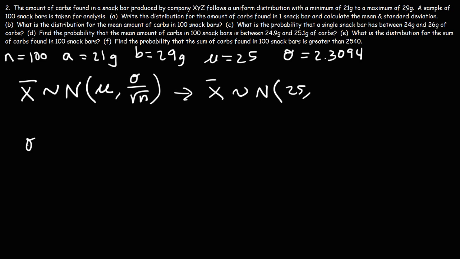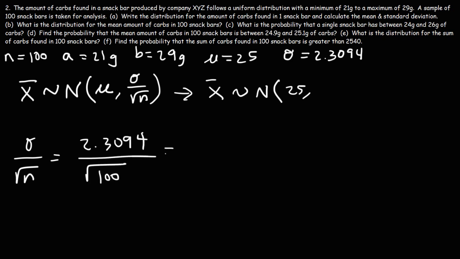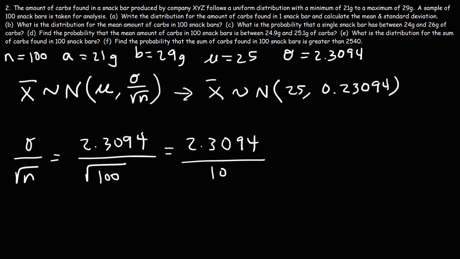Now to calculate the standard error, it's going to be the standard deviation divided by the square root of n, and n is 100. The square root of 100 is 10. So 2.3094 divided by 10, that's going to be 0.23094. So that's how we can write the distribution in part B.